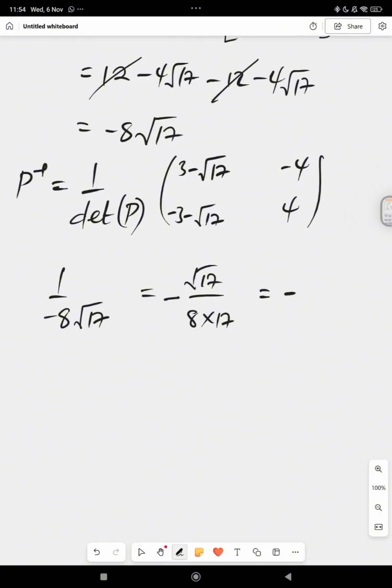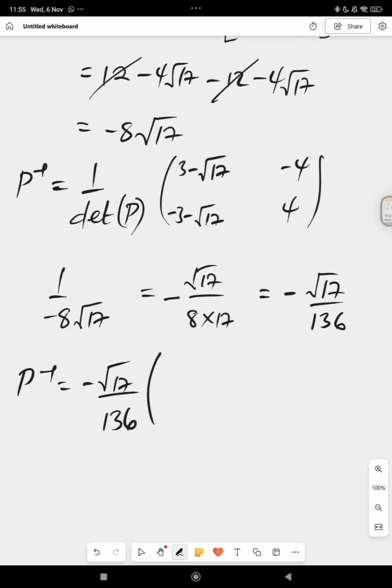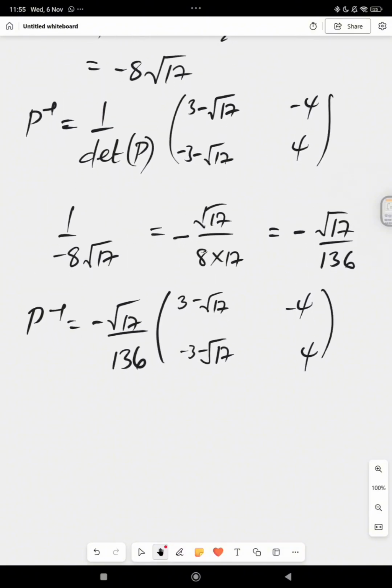So it is going to give us minus square root of 17 over 136. We rationalize the denominator, that's why. So our P inverse is minus square root of 17 over 136 multiplied by this matrix: 3 minus square root of 17, 4, minus 3 minus square root of 17, minus 4. So we have our P inverse.